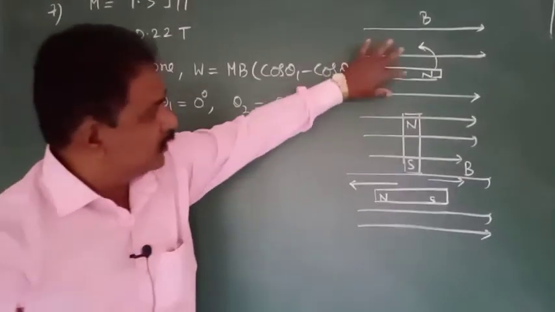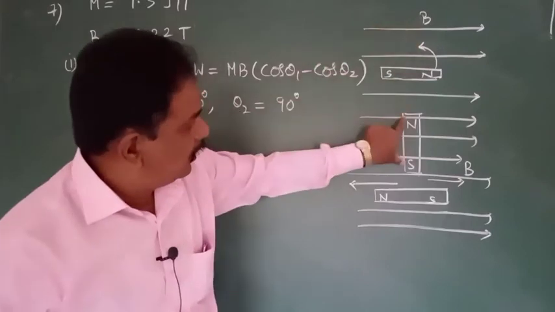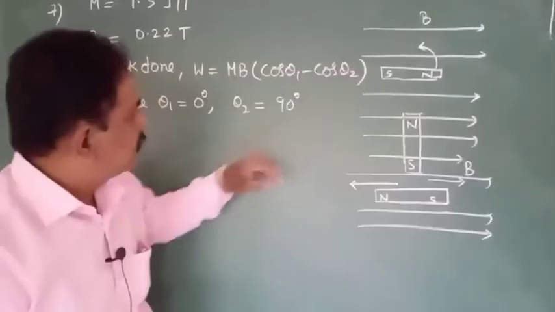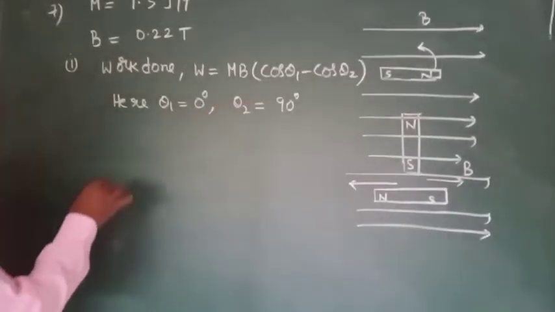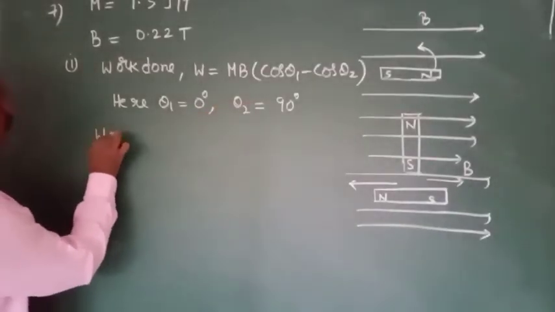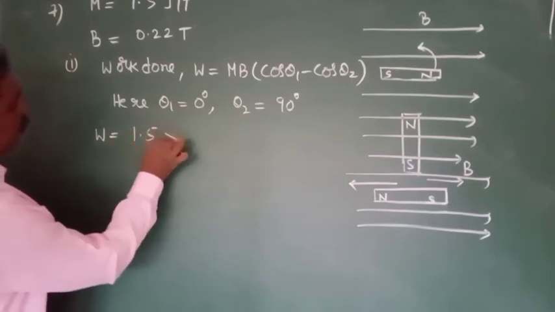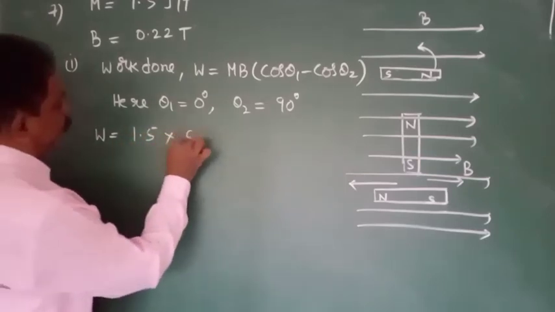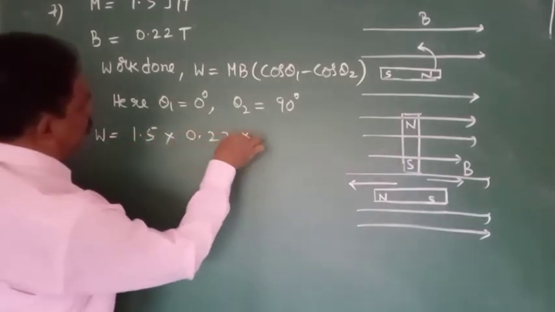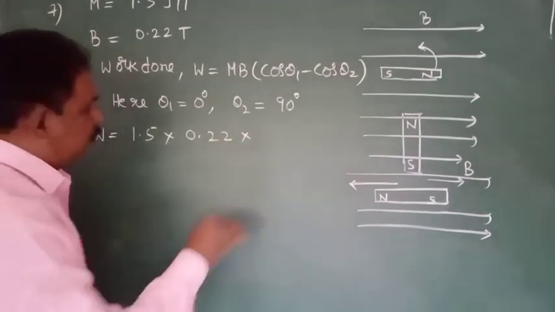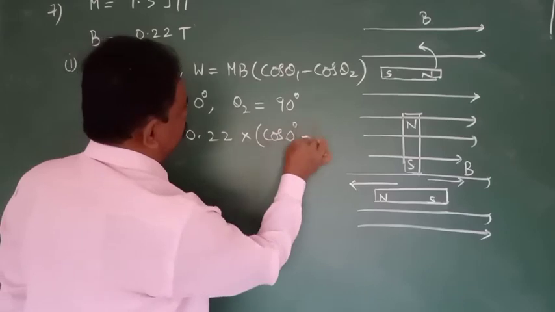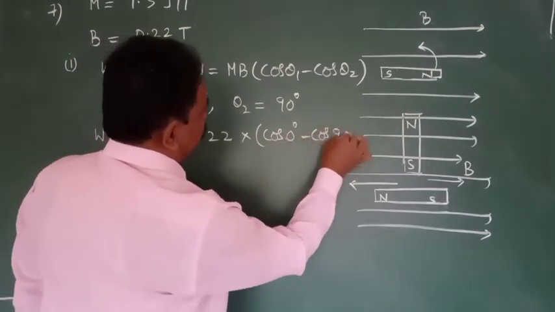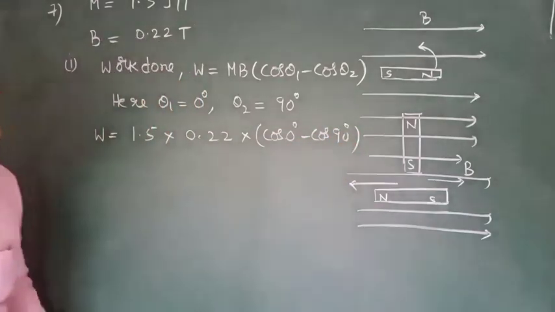Actually it is like this. It is rotated in this format. What is the work done? Theta 1 is 0, theta 2 is 90. W is equal to, M value will be 1.5, B value will be 0.22, and this is cos 0 degrees minus cos 90 degrees.